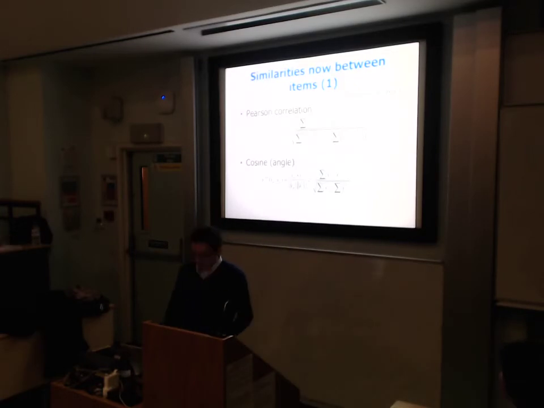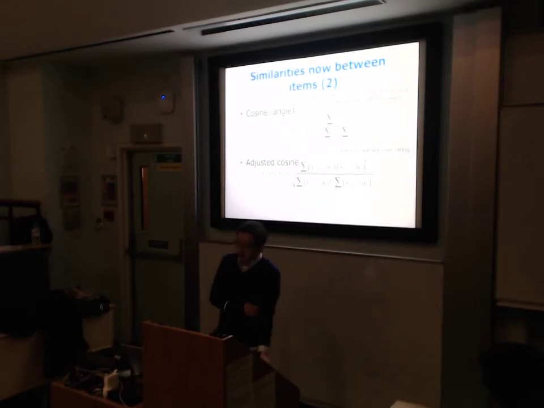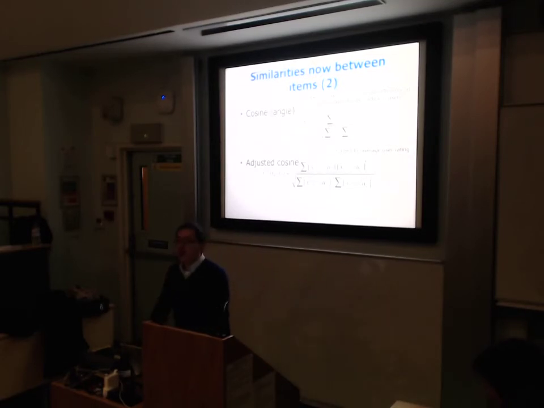This is the only difference. And the reason why? It seems that the offset from the users is much bigger than the offset from the items.